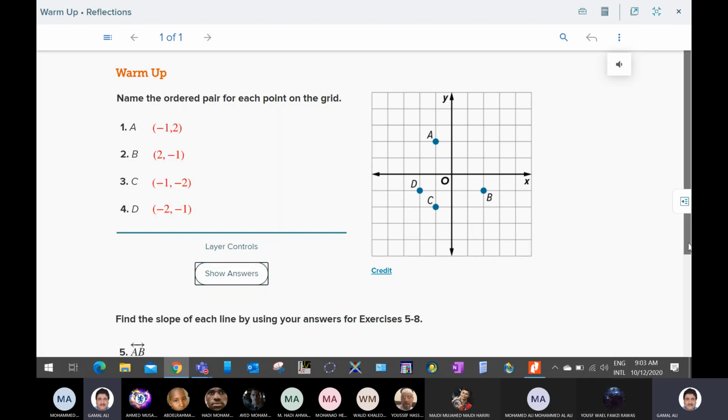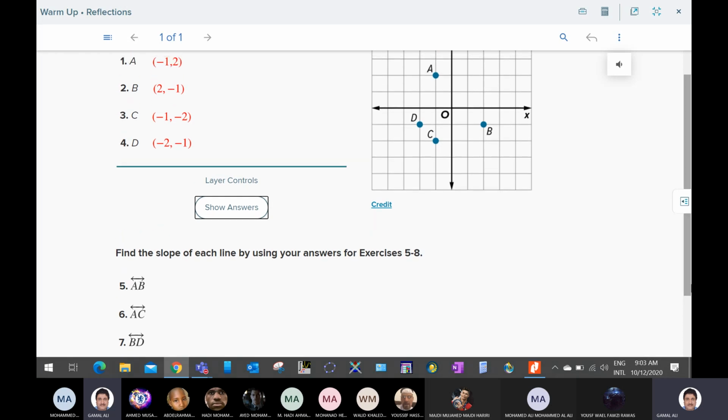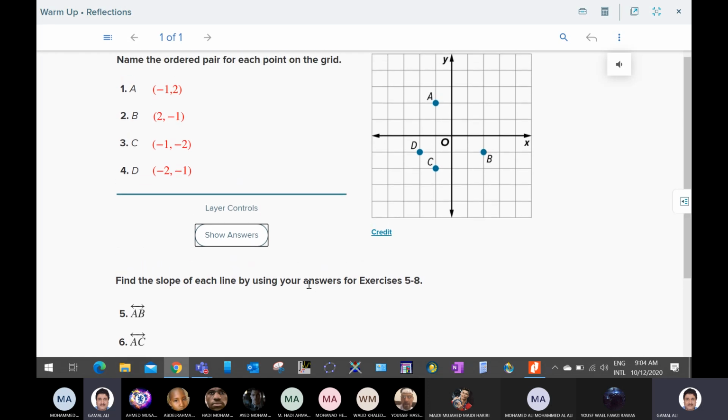Okay, we want to find the slope of AB. Use the copybook to find the slope of AB. Start. Quickly. Mister, I found it.